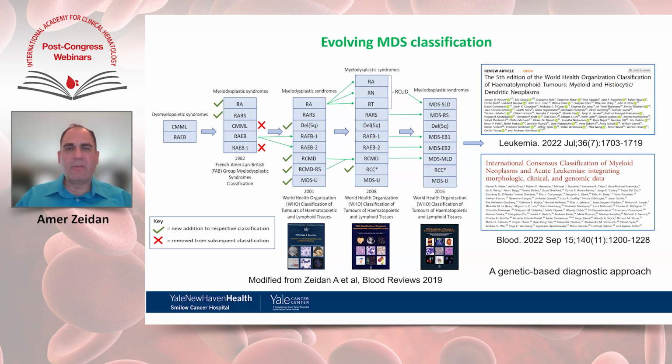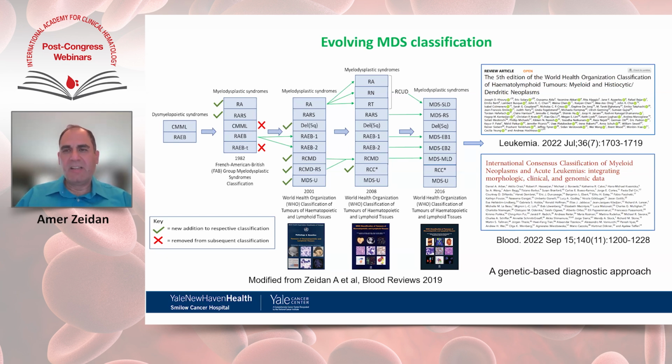So in terms of classification of MDS, this is an area that has seen significant evolution over the last few years. After many years of only doing the WHO classification, we had a new classification, the International Consensus Classification. So now we have two classifications that are being used in the management of patients day to day. And while there's significant overlap, there are also important differences, and there could be some degree of disconnection in the diagnosis of patients.